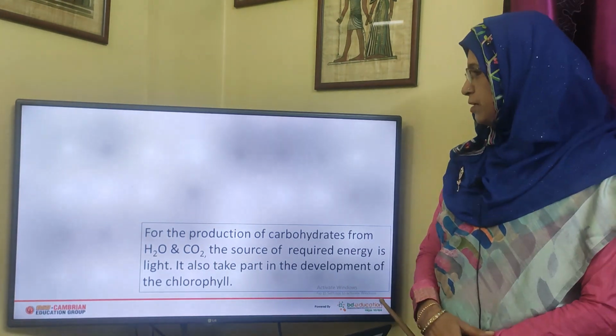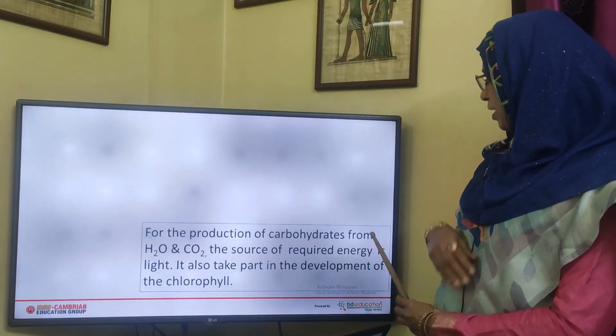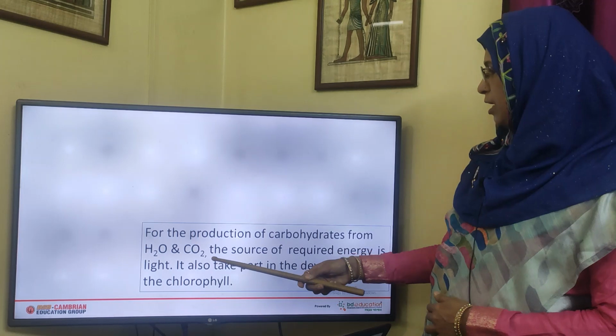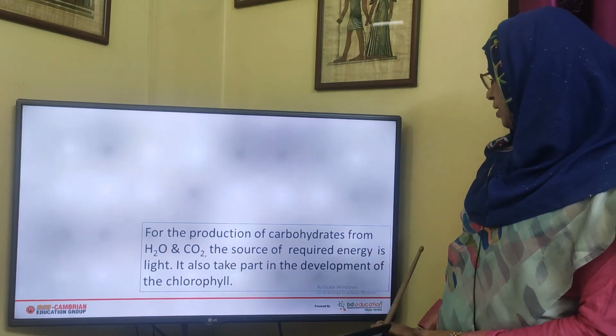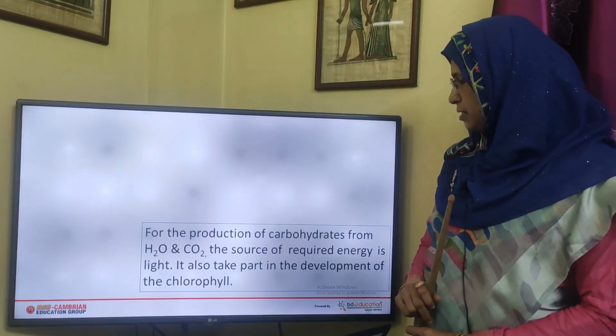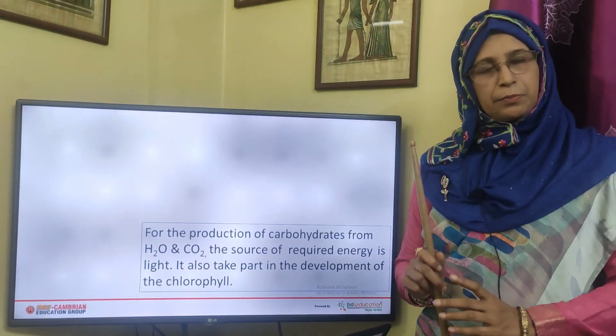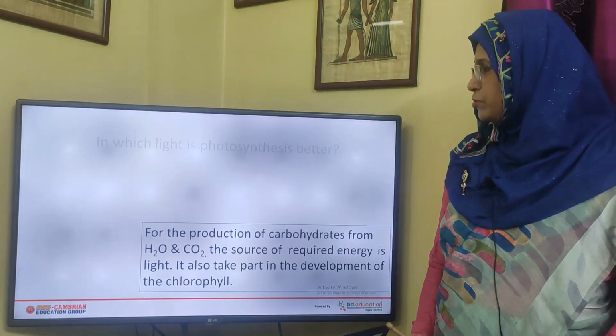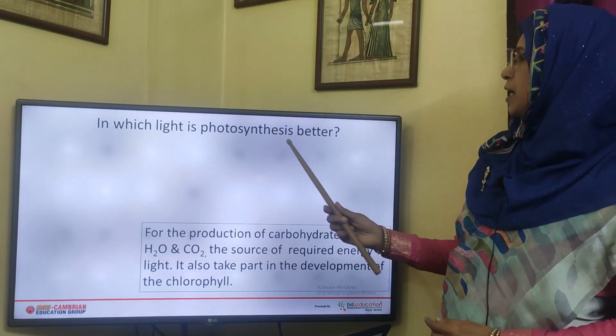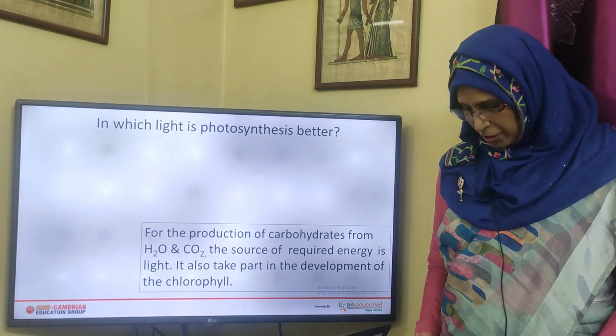We know that for the production of carbohydrate from water and carbon dioxide, the source of the required energy is light, and light also takes part in the formation of chlorophyll. So in which light is photosynthesis better?